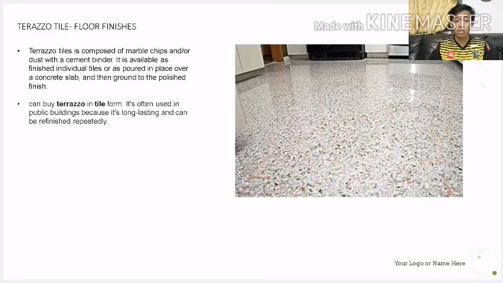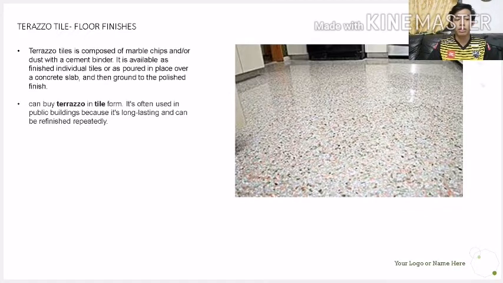Terrazzo tile is composed of marble chips or dust with a cement binder, available from the manufacturer as individual tiles. The method is poured in place over a concrete slab and then ground to a polished finish. It is long lasting and can be refinished repeatedly.